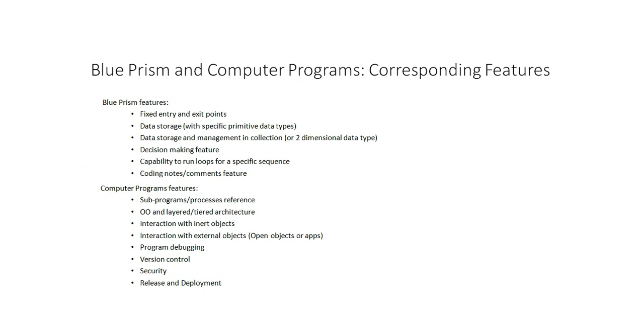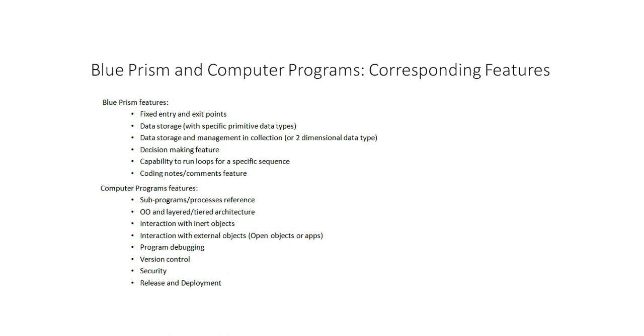There are a few more things, the corresponding features of the BluePrism tool. The BluePrism features which we already discussed earlier, but there are some more points like fixed entry and exit point, data storage, decision making feature, capability to run a loop for a specific sequence, coding nodes. This kind of feature BluePrism has.